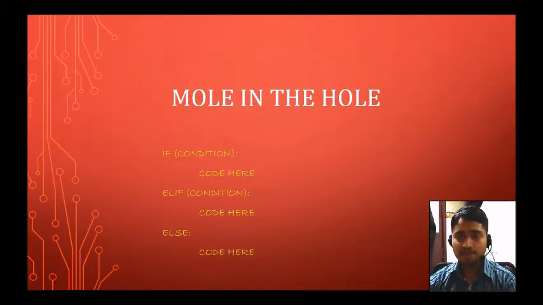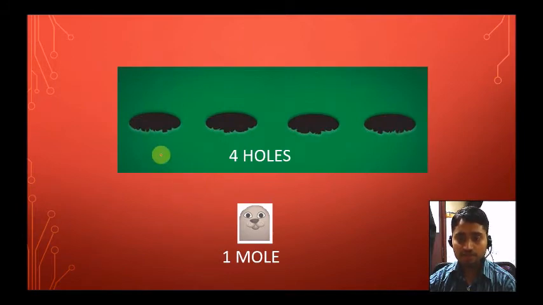I know many variations of this game exist on mobile devices and other devices. I have also played this game on my dad's black and white. I'm trying to explain if, elif, else statements using this concept. Consider you have 4 holes in your garden.